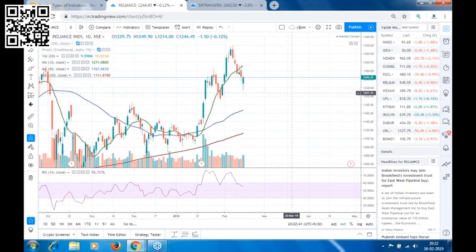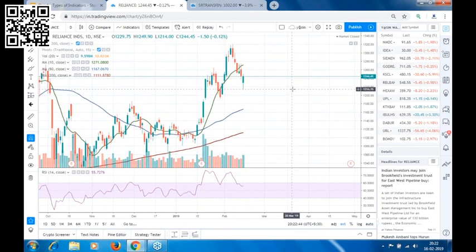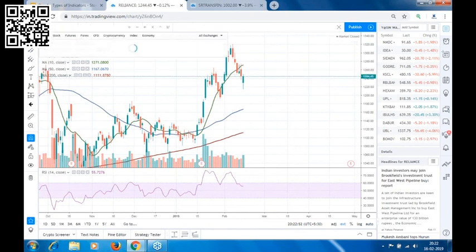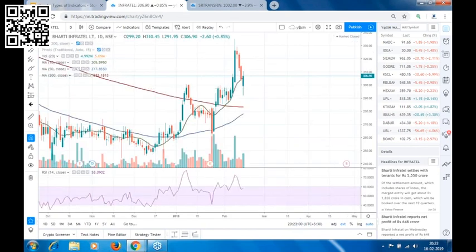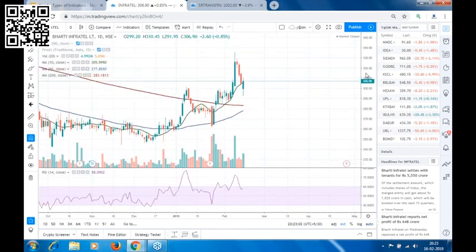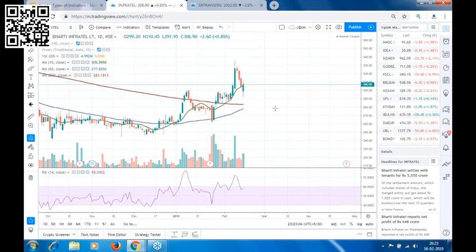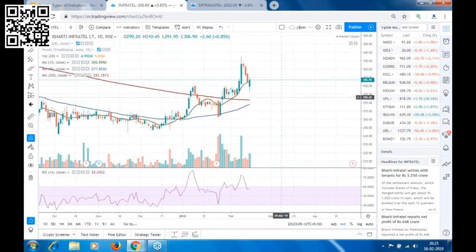Reliance, I don't see a trade right now in Reliance. Let's check Infratel. Infratel, like Reliance, has got the same kind of candle formation.